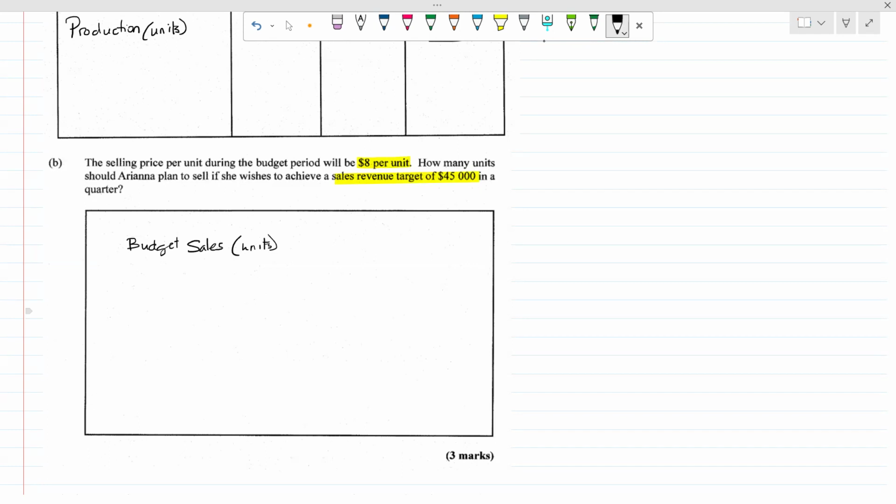If we have our target and a selling price per unit, $45,000 divided by $8 per unit.